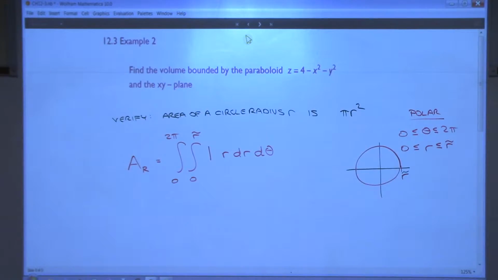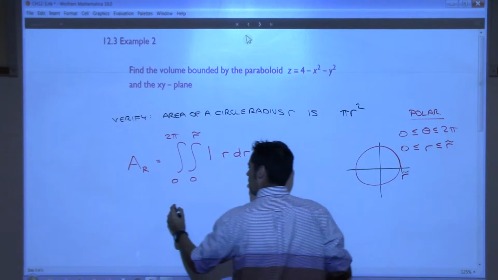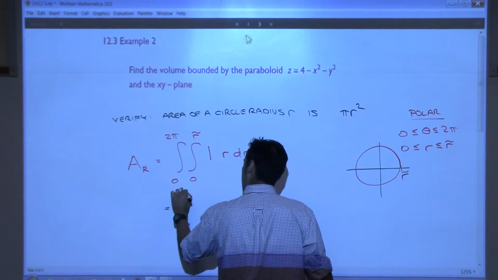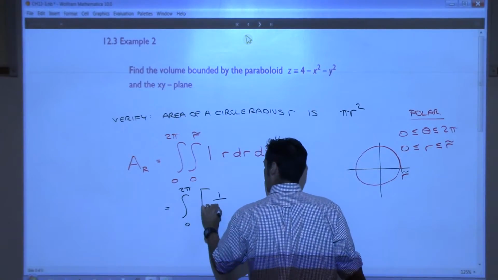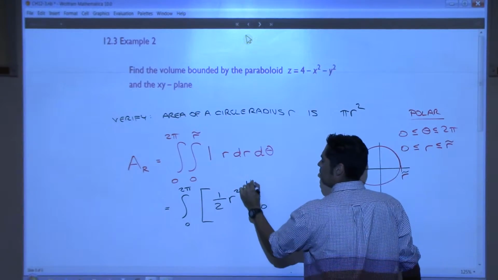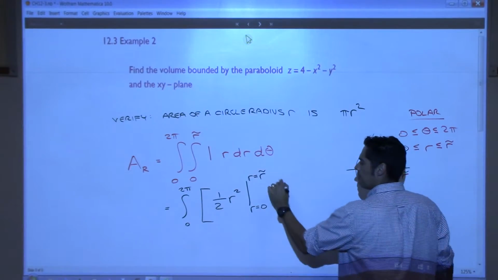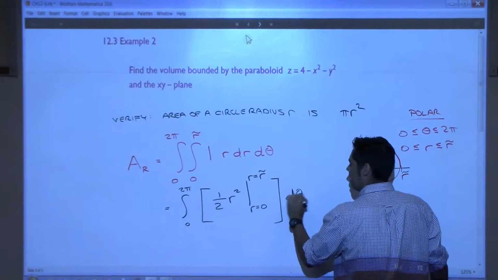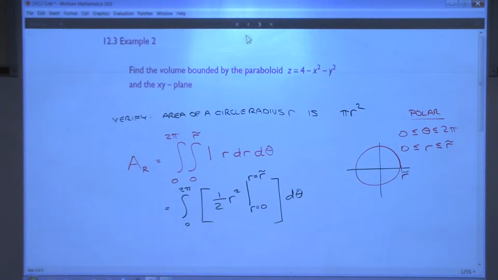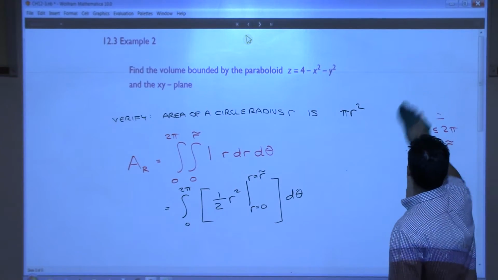Now, I could dot this one, but it's worth us finishing, right? Okay, what's the antiderivative of r with respect to r? 1/2 r squared. I'm going to evaluate that from r equals 0 to r equals R tilde, d theta. Replace r with R tilde, replace r with 0. What would you get?